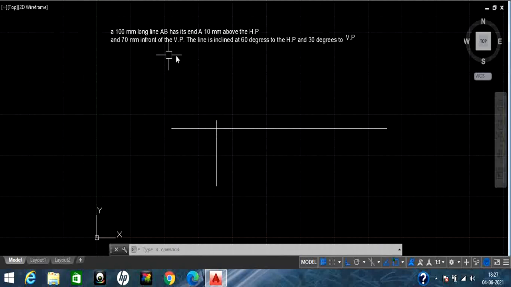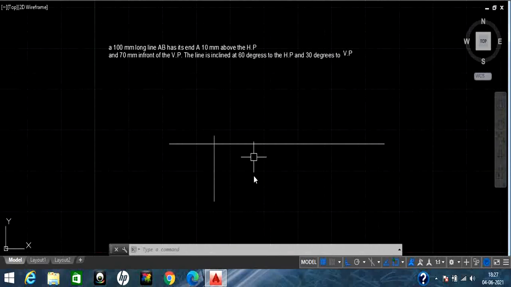After that, the line is inclined 60 degrees to the HP. Before drawing the 60 degrees line, you should represent the points with notations. Type text.